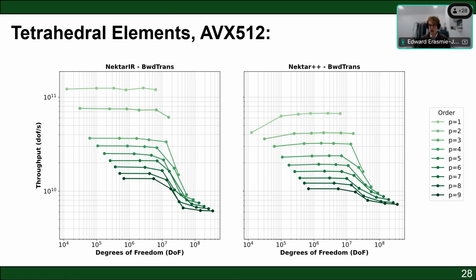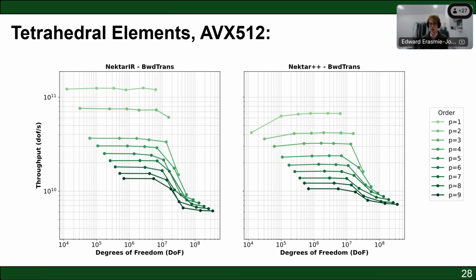The vectorization strategies themselves only differ in the fact that in NektarIR, we use a scalar load and then a broadcast for the basis data, whereas in Nektar++, they're stored in vector width number of copies of the basis data. So perhaps we're seeing that the value of doing these broadcasts versus the alleviation of cache pressure decreases as the problem size gets large enough.